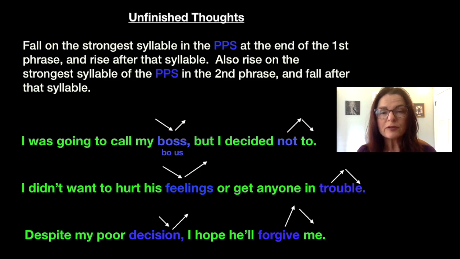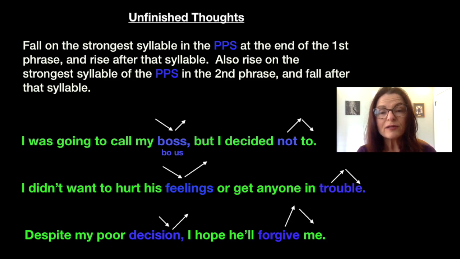So at the end of the primary stressed word of the first clause, you're going to go down and up to show that you're not done. And at the very end of the sentence, we go up and down on the primary phrase stress in that clause. So we have, I was going to call my boss, but I decided not to.